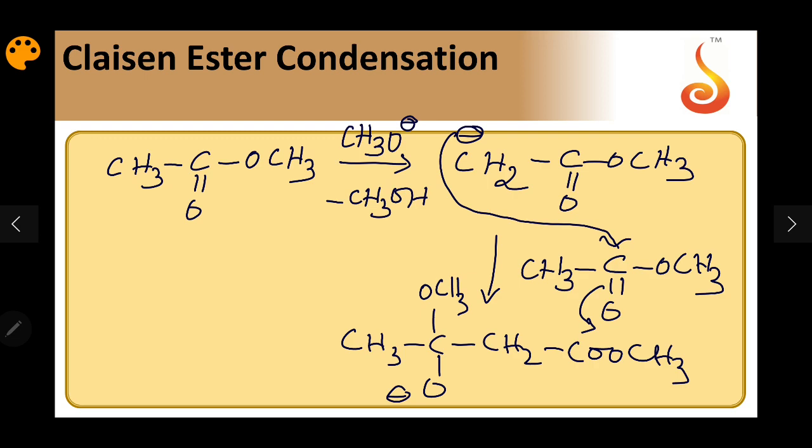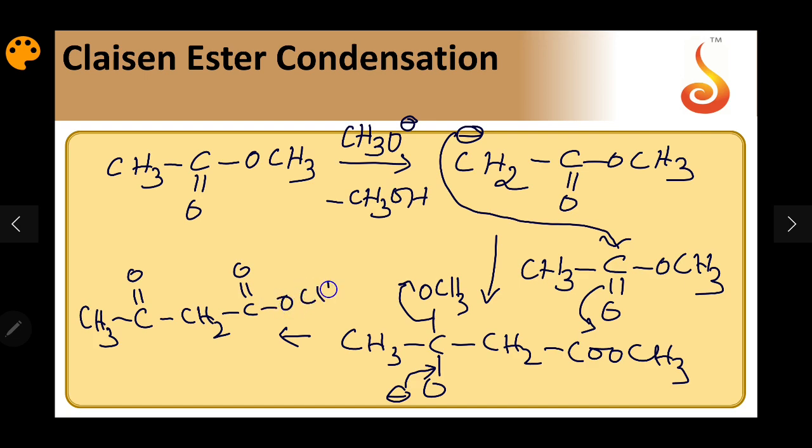But here, since OCH3 is a leaving group, this comes back and undergoes acyl substitution to form beta keto esters. CH3 C double bond O, CH2 C double bond O, OCH3. So it is forming beta keto esters.